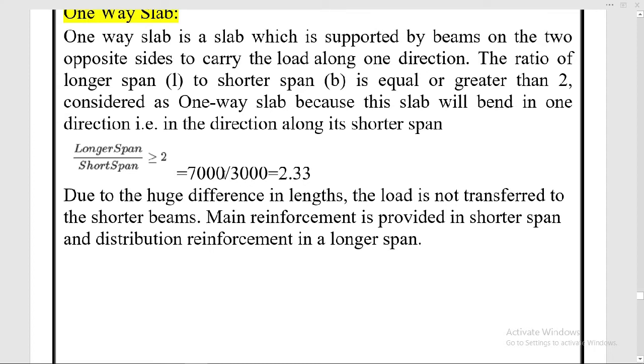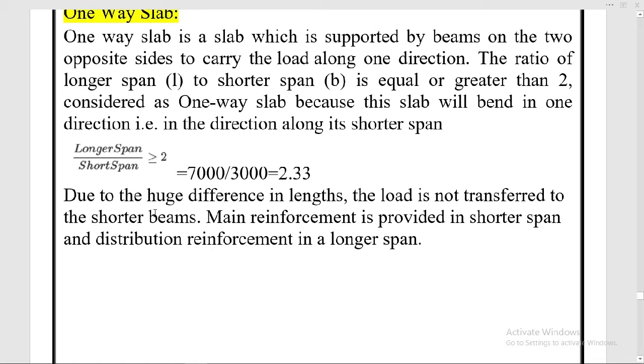So we divide, our value is 2.33, which is greater than 2, it means our slab is a one-way slab. So we will make the bar bending schedule of our slab as a one-way slab.